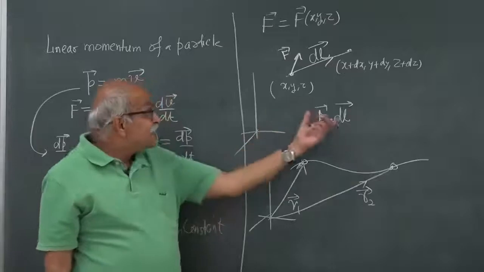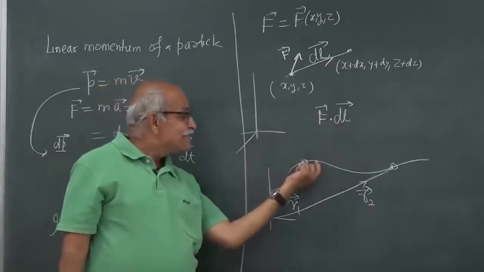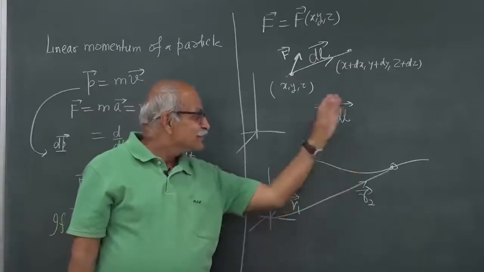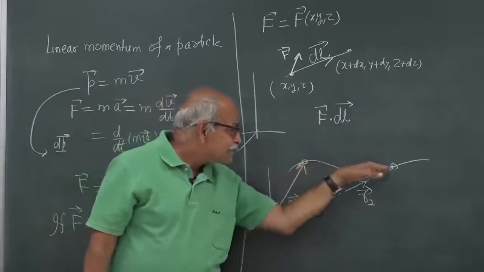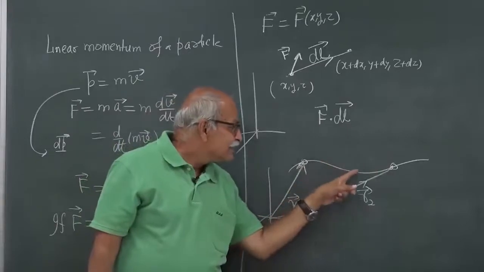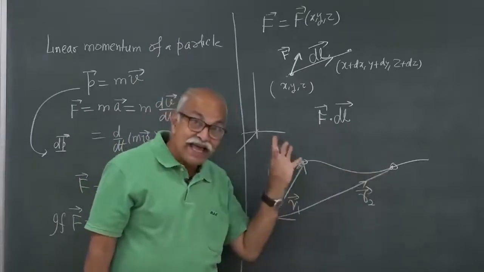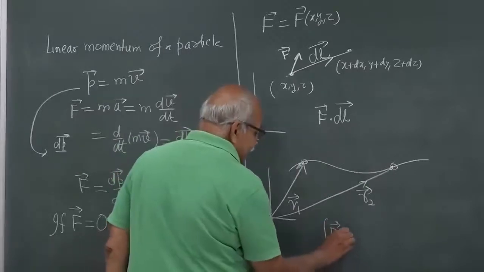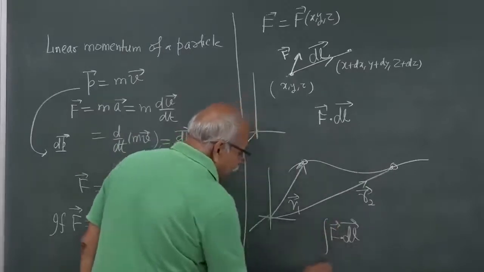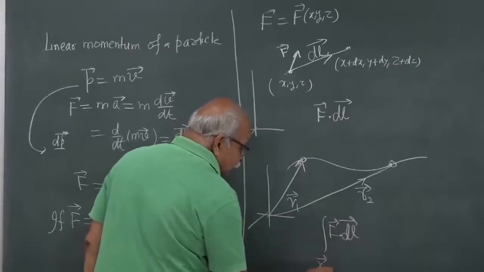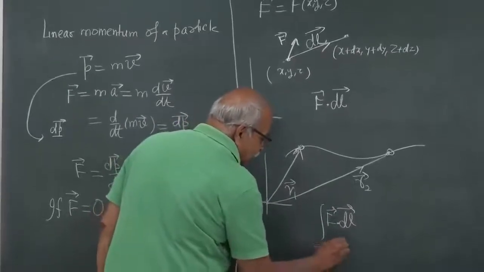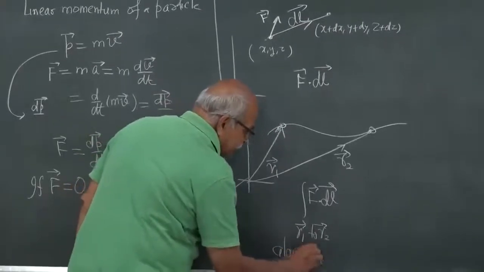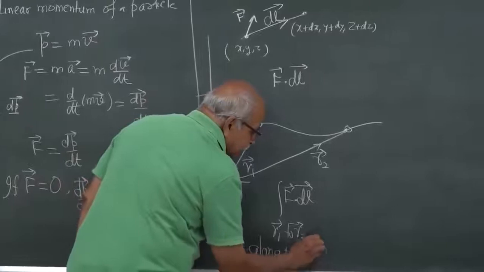I can add all these quantities, F dl here, F dl here, F dl here, F dl here. I take infinitesimal lengths, construct this and add all that, and that will be the integral of F dot dl from r1 to r2 along the path given.